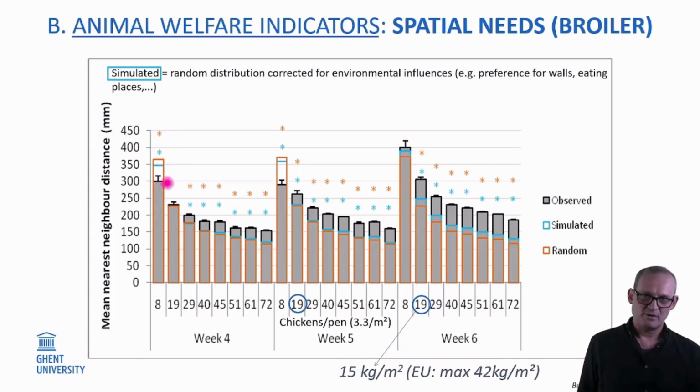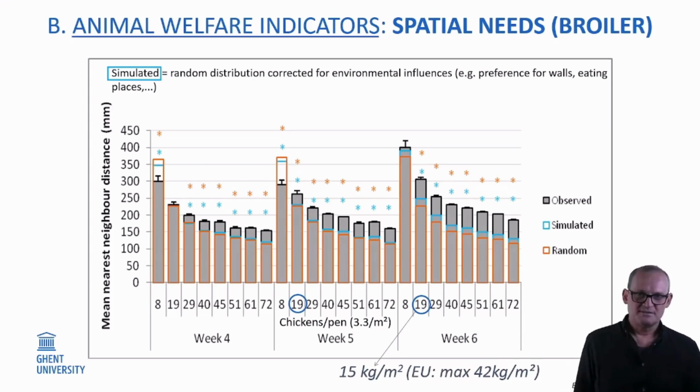than predicted by random. But you can see, especially in week 5 and week 6, that already at 19 animals in the pen, that changed completely, where the animals were actually further from each other than predicted by chance.